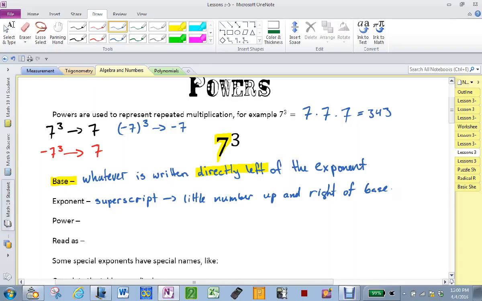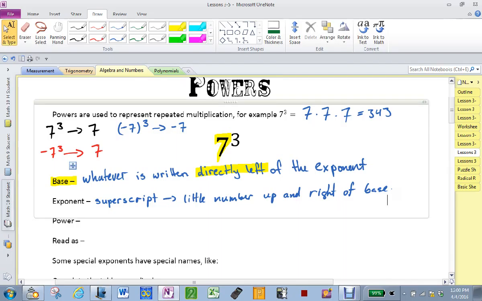Can it be anything? Yes, it can. In grade 9, it was always a natural number, wasn't it? It was always a whole number. It was 0 up to infinity with no fractions and no decimals, yes? Okay. Everyone's cool with it?